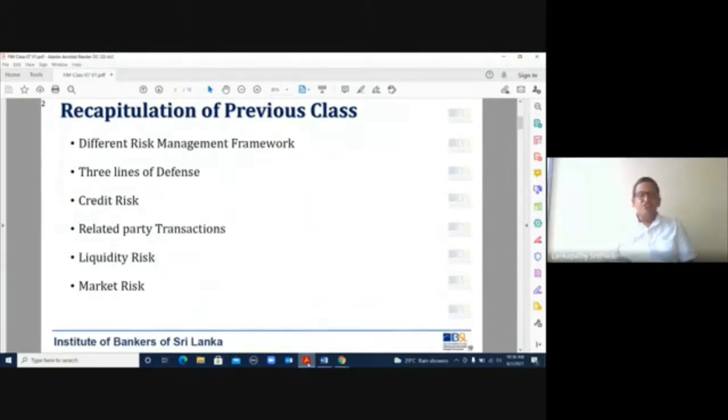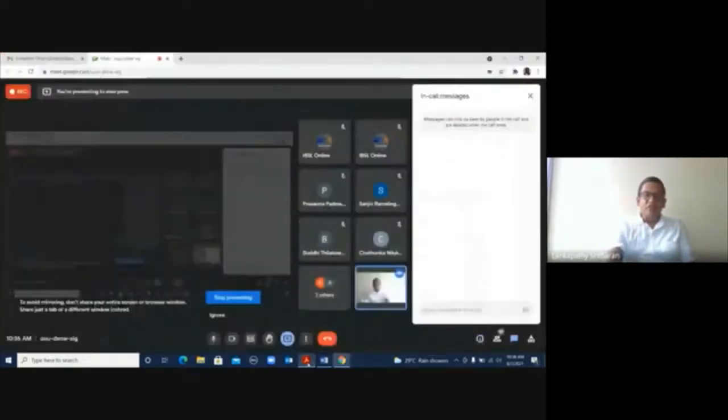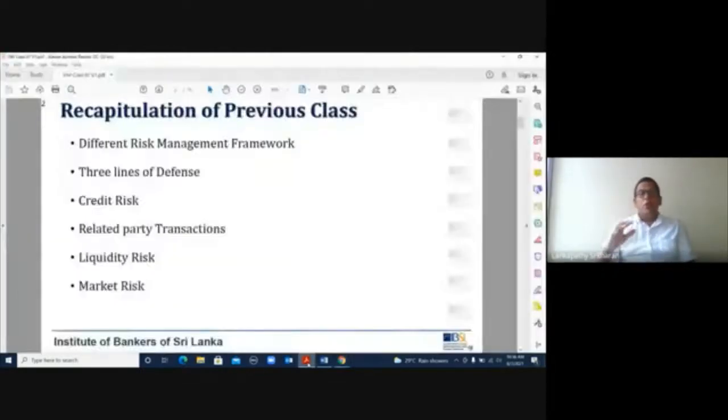Since you don't have questions, I'll ask some simple questions to get feedback. What is the committee responsible for liquidity risk and market risk management? In a bank or other financial institution, there's a committee in charge of managing liquidity risk as well as part of the market risk.